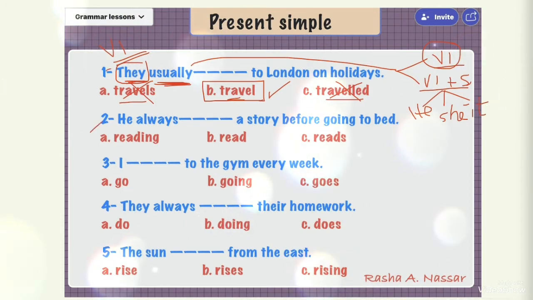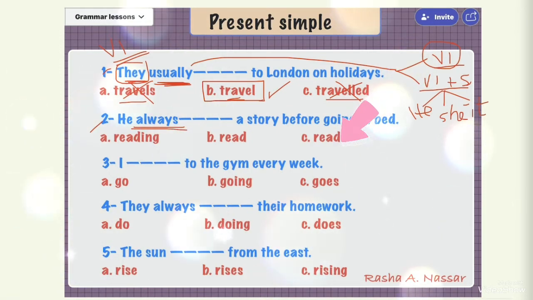Number 2. He always what a story before going to bed? He always reading, or he always read, or he always reads a story before going to bed. Where is the key word here? Always.